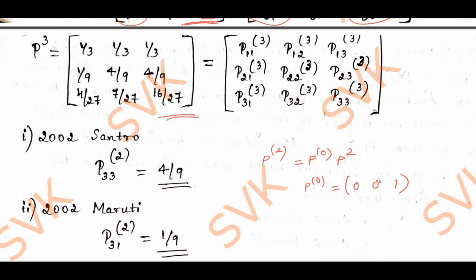By multiplying 0, 0, 1, you are going to get PA upon 2, PB upon 2, PC upon 2. So using this, PA upon 2 will be 1 by 9, and PC upon 2 will be 4 by 9. If they ask for Ambassador also, you can give the answer whatever we get. But I have given the shortcut to find the value.